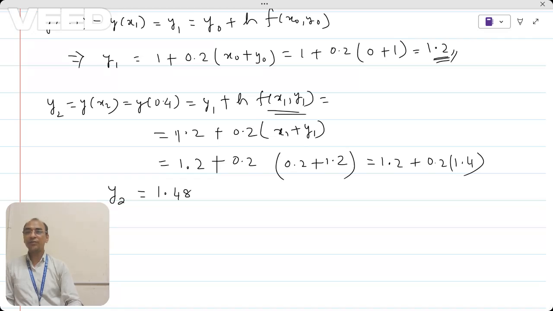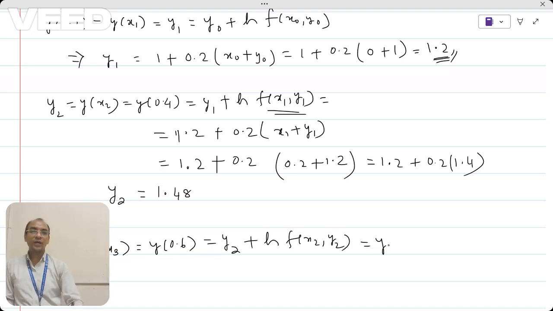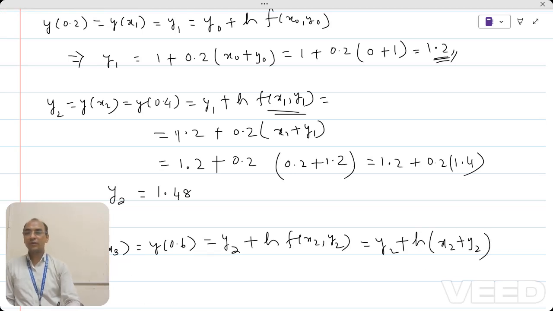y3 means the value of y at x3, but x3 is nothing but 0.6. And the formula says that when I am calculating y3, I will use the algorithm as y2 plus h f of x2, y2. And so that means y2 plus h into x2 plus y2. So y3 will be then, y2 is the value we have obtained just before that.